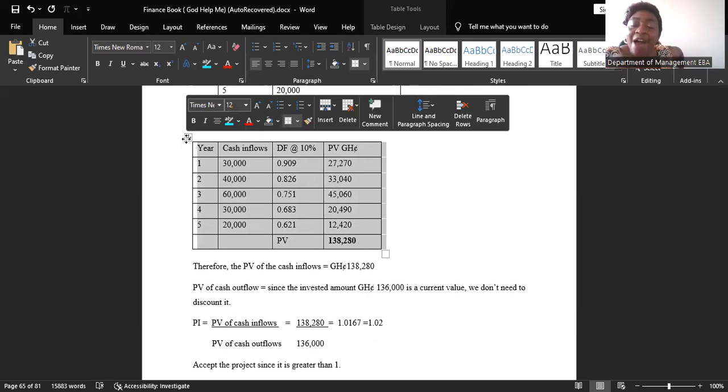So the present value of our cash outflow is set now, so it's the time value. The amount of the future cash flow, you need to discount it to its present form.